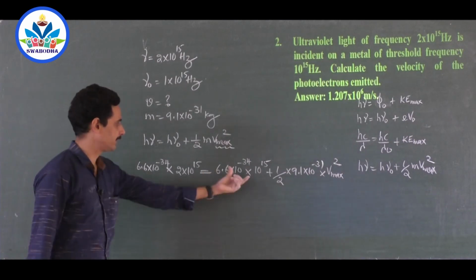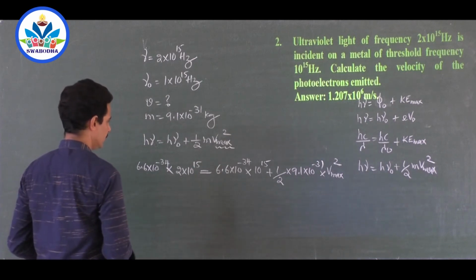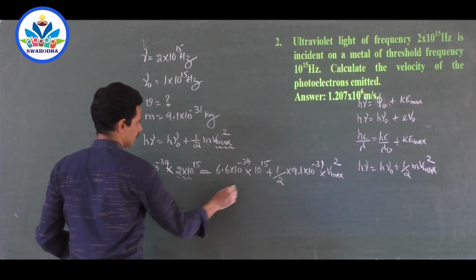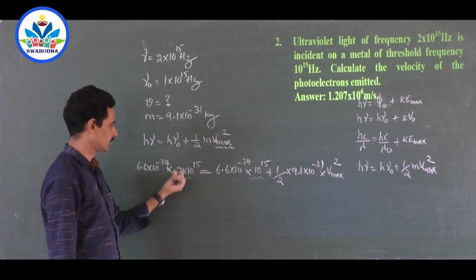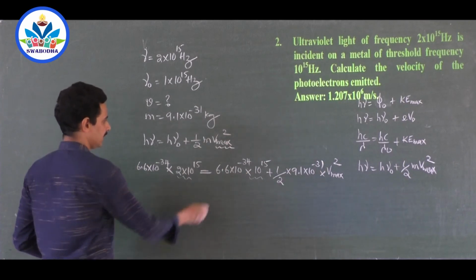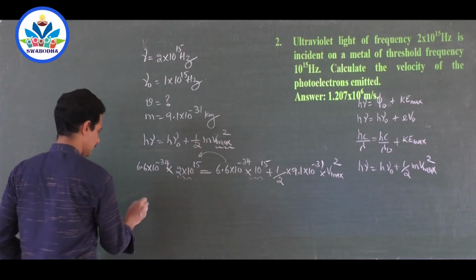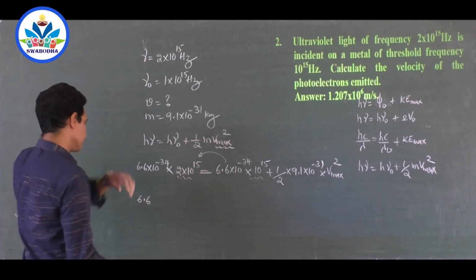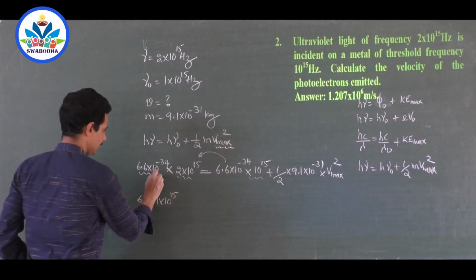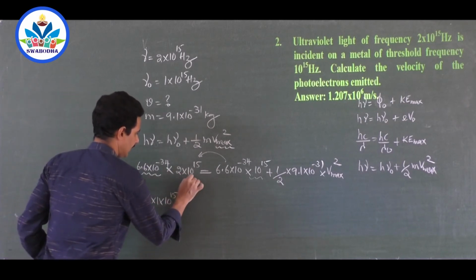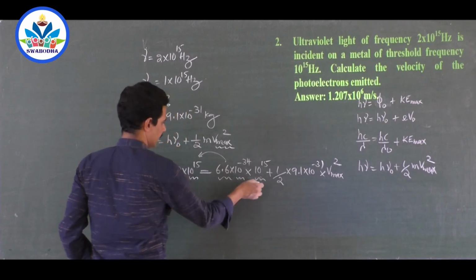We will finish this and bring this here. 6.6 and everything is common, right? Everything has 6.6 into 10 to the power minus 34, and 10 to the power 15 is common.